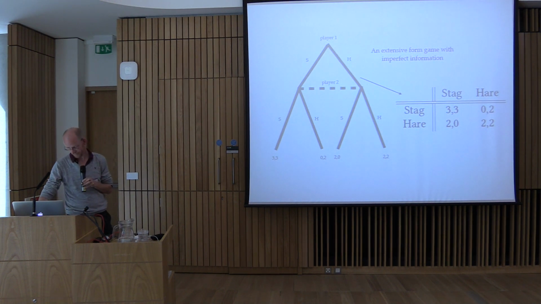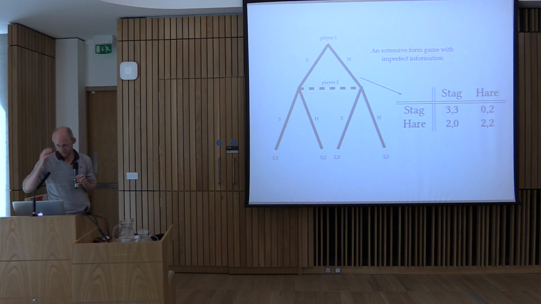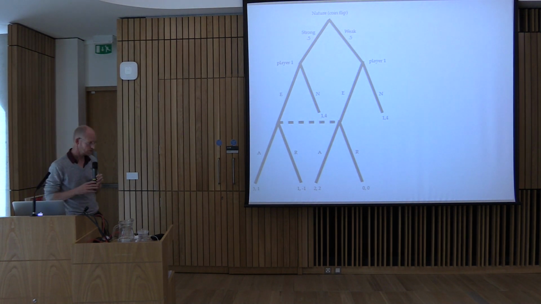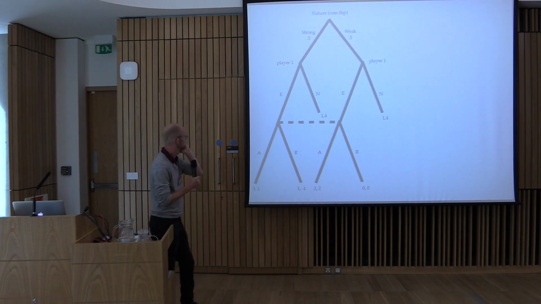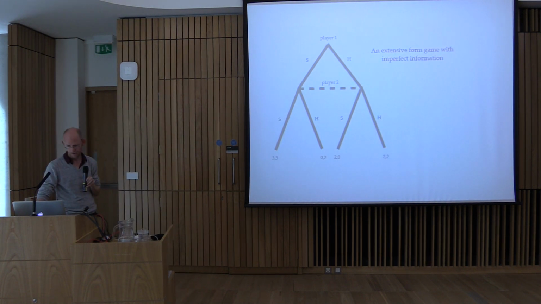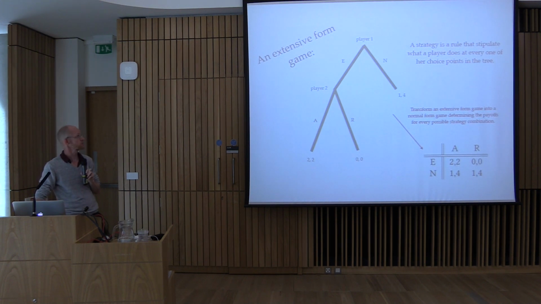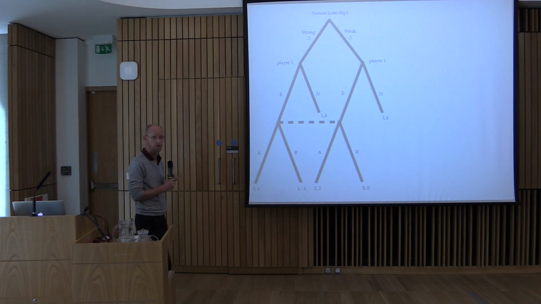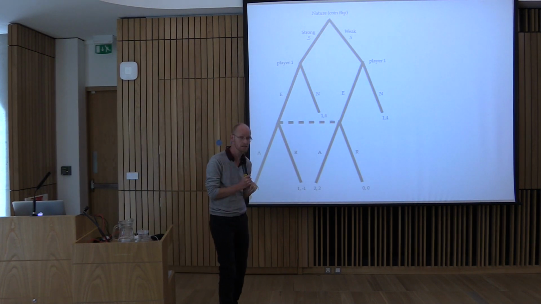Still, extensive form games with imperfect information will be important for what we're going to do later on, because of something like this. Here we again play the same game as this extensive form game, but now we have yet another player, and that's actually nature.